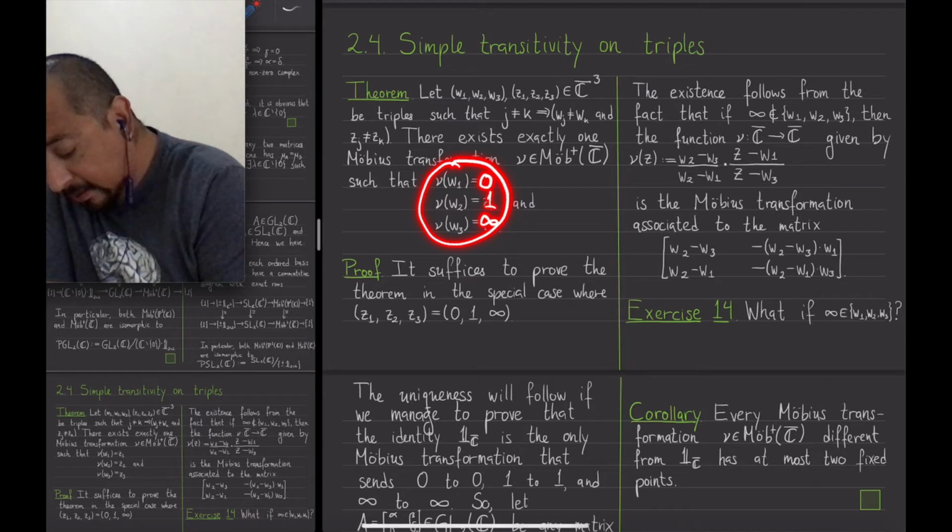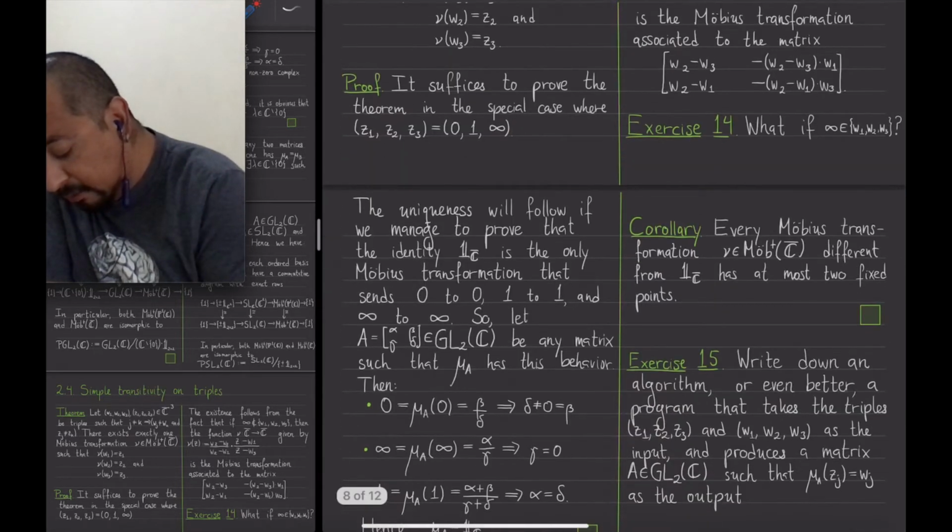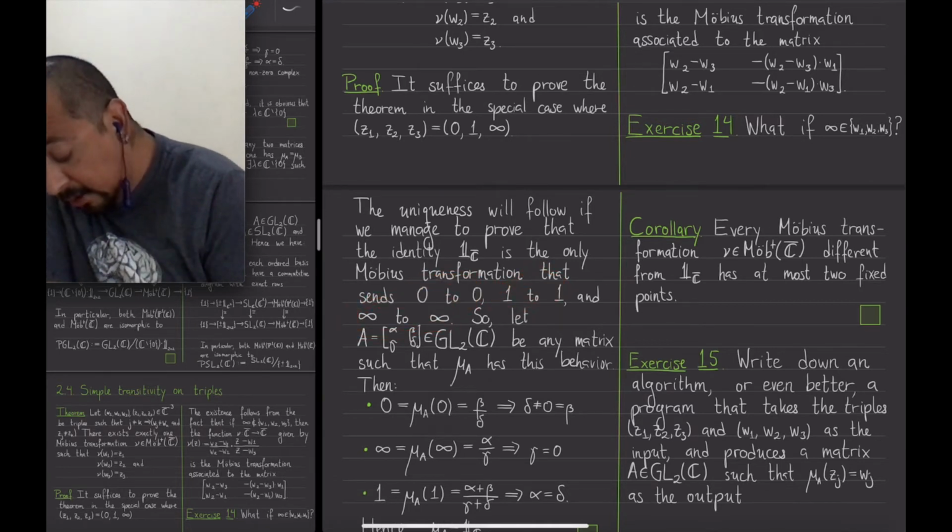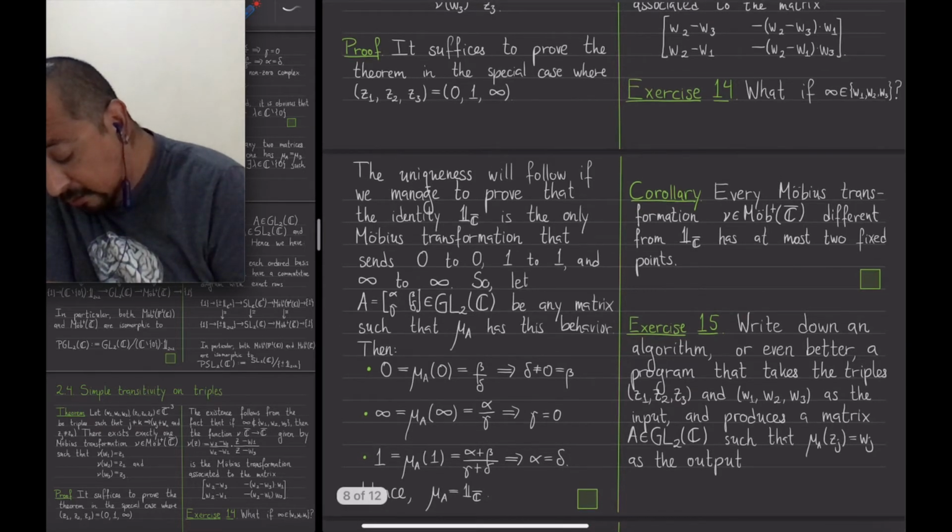one sees that by composing one with the inverse of the other, it suffices to show that any Möbius transformation fixing 0, 1, and infinity is necessarily the identity. So the thing is, don't get confused. The Möbius transformation, this one is not supposed to be nu.